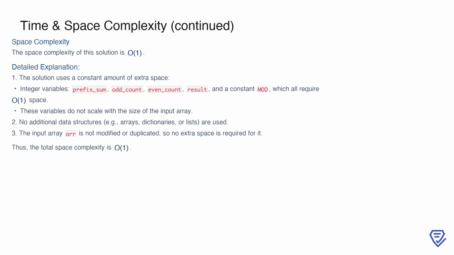Each of these variables occupies a fixed amount of memory, and their count does not scale with the input size. Additionally, the solution does not involve any additional data structures such as arrays, lists, or dictionaries. The input array itself is neither modified nor duplicated, so there's no extra space allocated for it. As a result, the total space complexity of this solution is constant, or O(1).